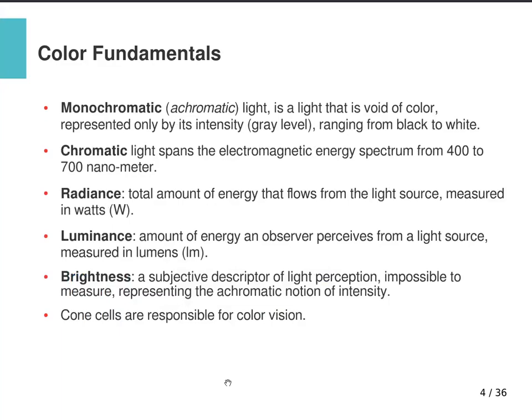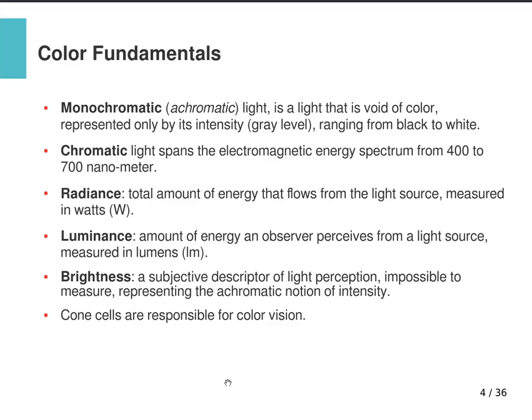So before I continue, let's just review some of the definitions that we had from before as well. We had the definition of monochromatic or achromatic light, which is light that is void of any color and it's represented only by its intensity or gray level, and it can range from black to white. We have chromatic light, which spans the electromagnetic energy spectrum from 400 to 700 nanometers.